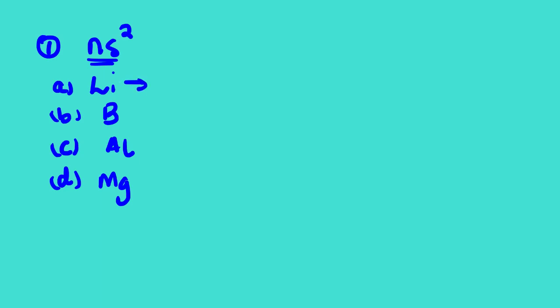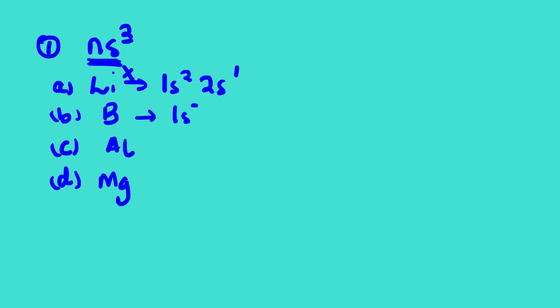The electron configuration of lithium, it's in group number 1, it's element number 3. Looking at the electron configuration, we have 1s2 2s1. So we can see that we must have an exponent of 2 in the s orbital. So lithium is not the answer.